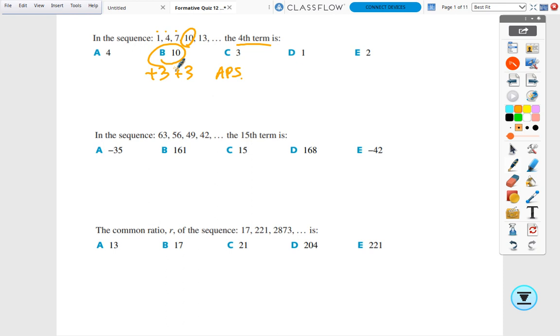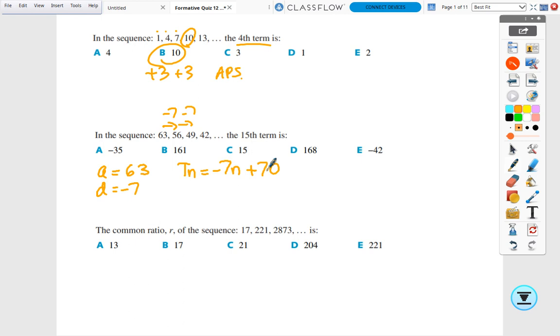In the next sequence, it's going down by 7, so it's an arithmetic progression. So the first thing we do is work out A is 63, D is minus 7, so the general term is minus 7n, and the difference between those numbers is 70, so we have to add 70.